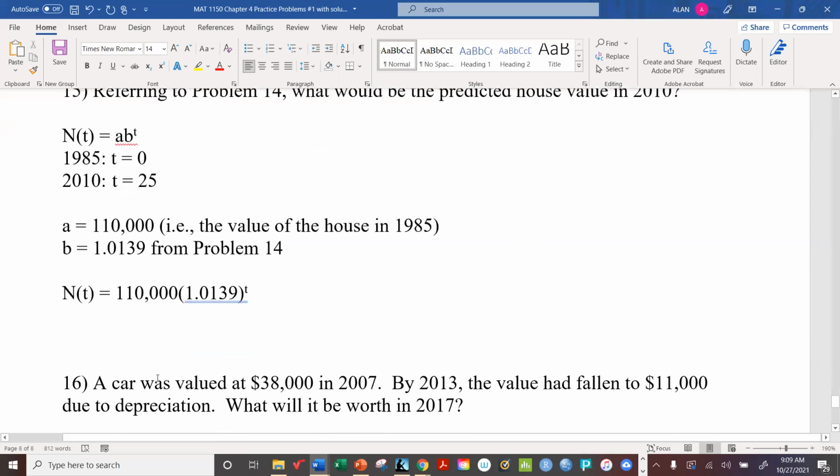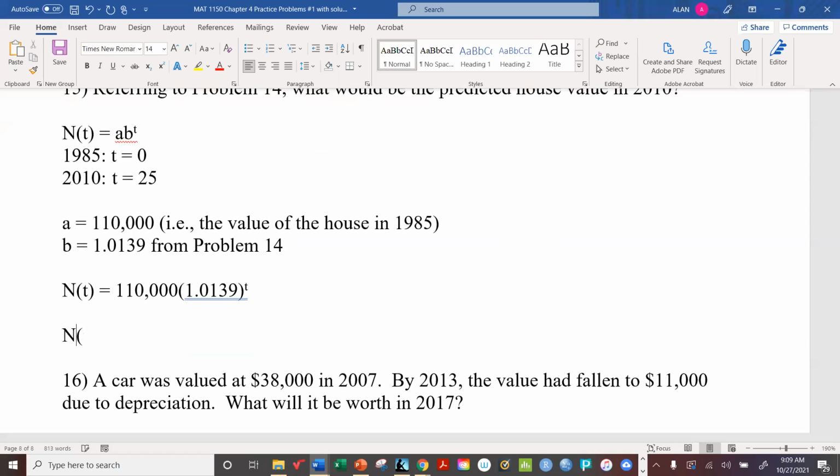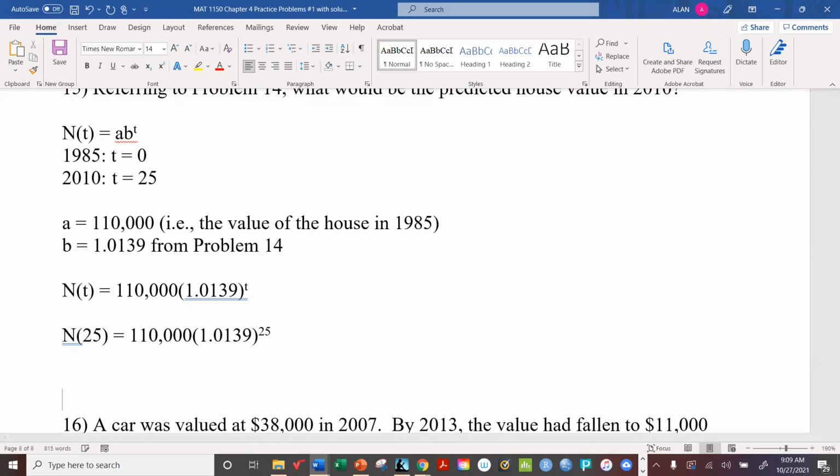So now this is our general expression, and we can just go in and say, we want to know what it is in 2010. Now, of course, you notice we're assuming that that's in the future, which is not the case. But at the point in time that we were doing this analysis, that would have been 5 years in the future. So 5 years from now, the house will jump up again if the growth rate continues, which is what we're assuming.